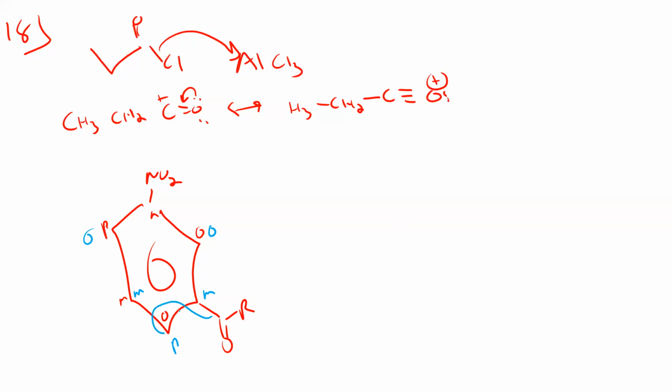So this group wants to go to the ortho position. The nitro group is meta directing. It's a meta director. But there's already something at the meta position, right? Therefore, it's most likely to occur at the ortho position.